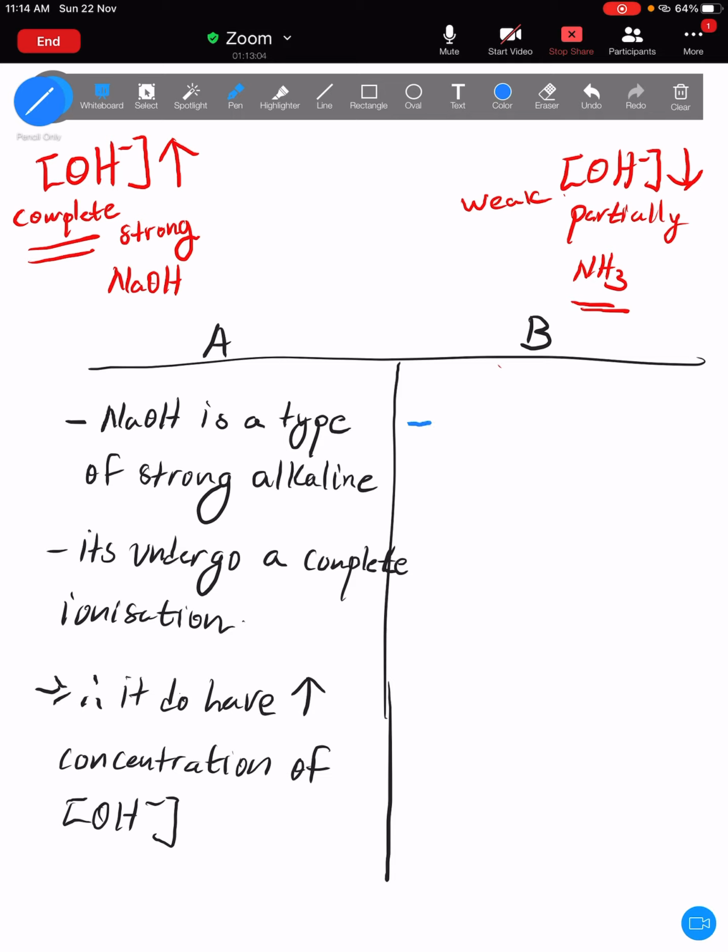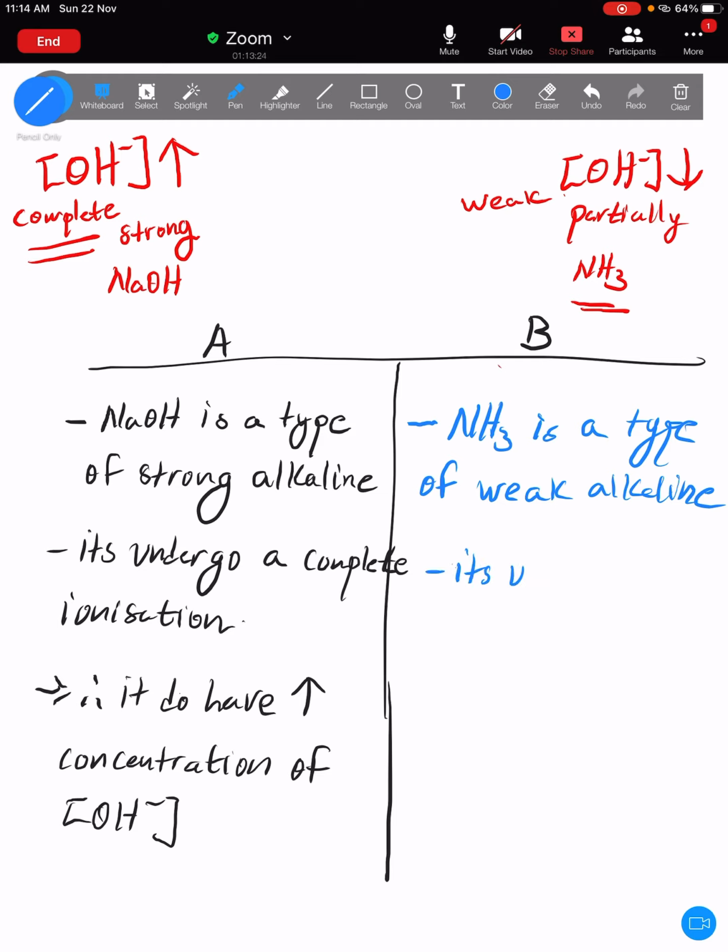On the other hand, NH3, you just write it down, is a type of weak alkaline. It undergoes partial ionization.